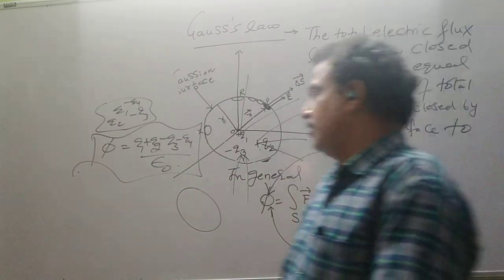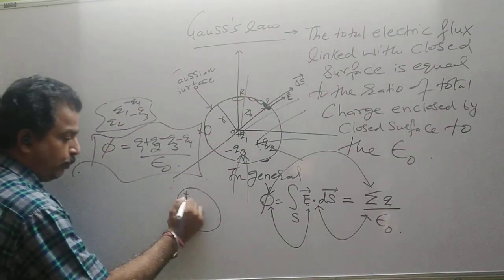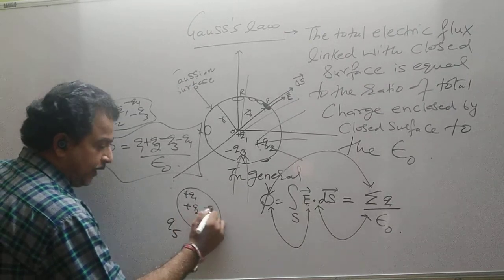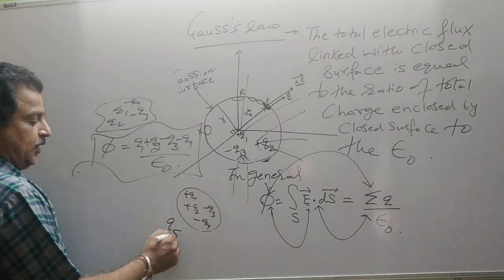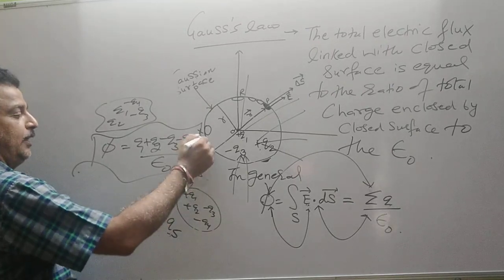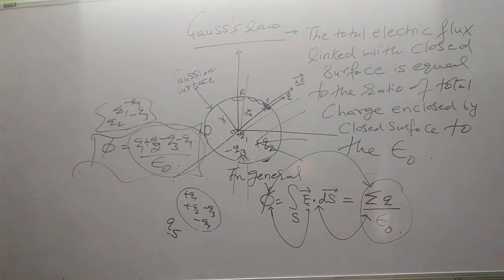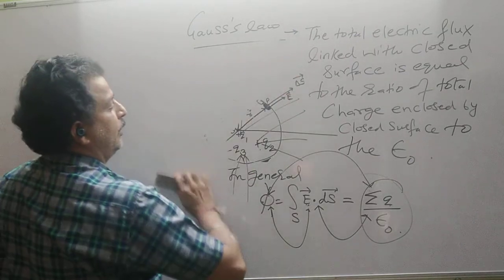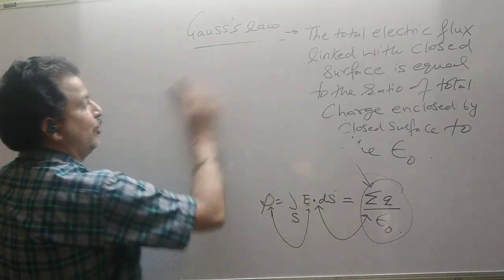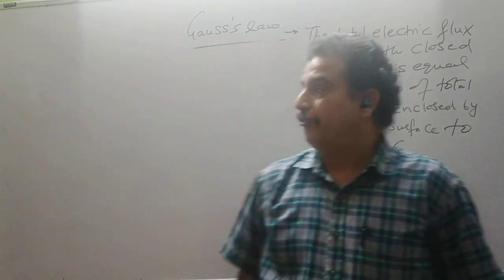If any charge is outside the Gaussian surface, say q5, and here we have plus q1, plus q2, minus q3, minus q4, then we will not consider this plus q5 while applying the summation q upon epsilon naught. So there are some points related to Gauss law that you have to remember while applying Gauss law for electrostatics. So this is what we have for today's lecture.